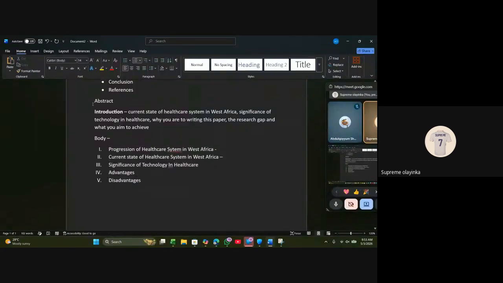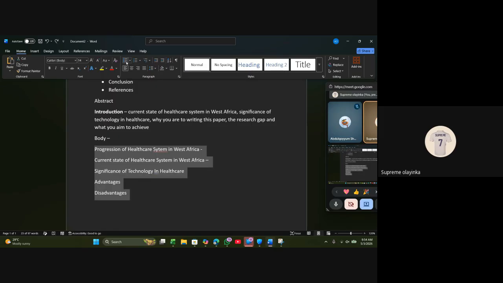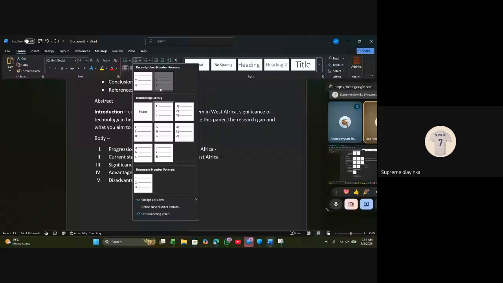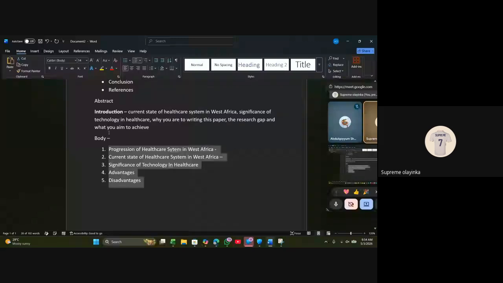Now, if this is 1.0, this will be 2.0. Then body is 3.0, but the first subsection will start with 3.1.